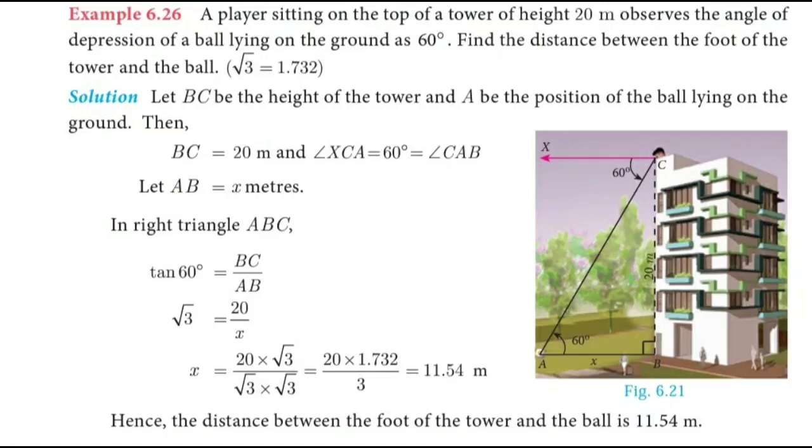Then x is equal to 20 into 1.732 divided by 3, since root 3 is equal to 1.732. After simplifying, we get x is equal to 11.54 meter. Hence the distance between the foot of the tower and the ball is 11.54 meter.